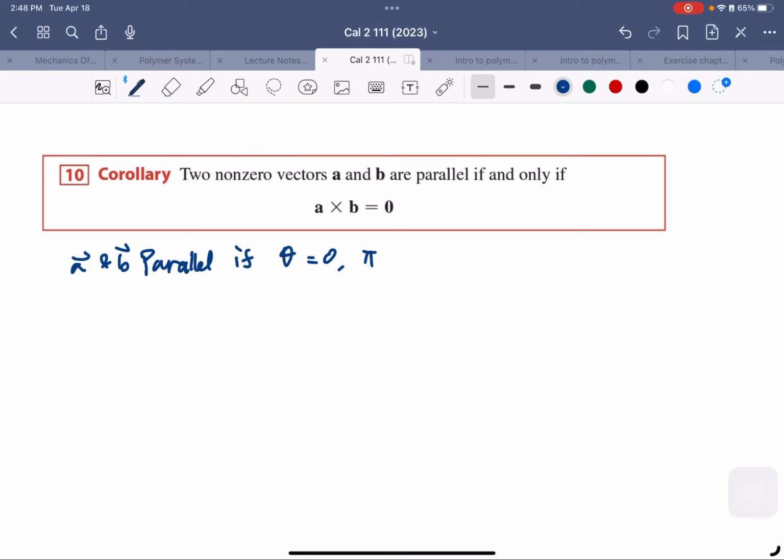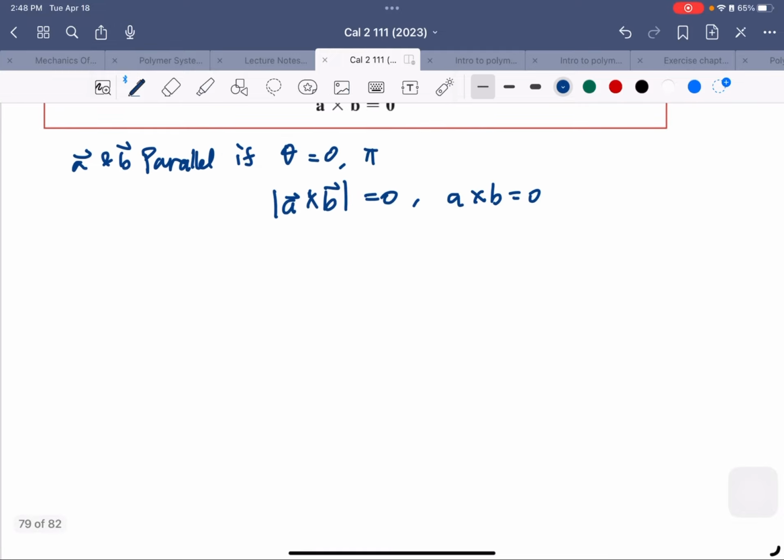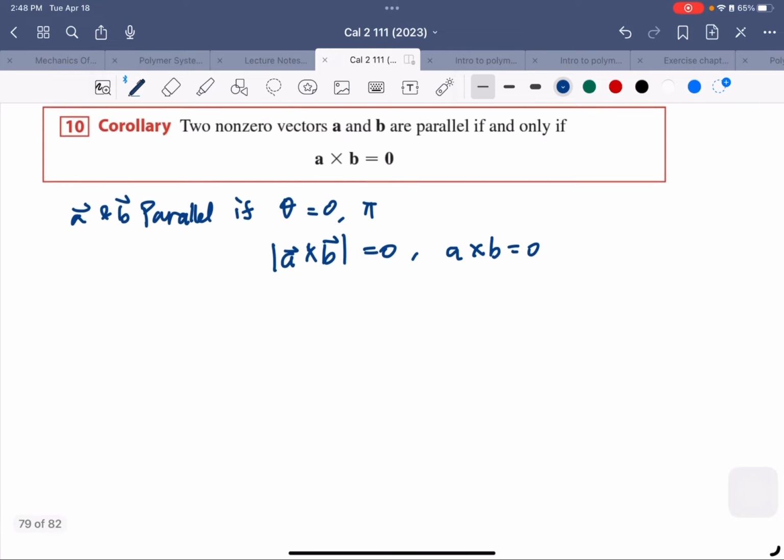So either way, the cross product needs to be 0, and therefore the cross here is 0.